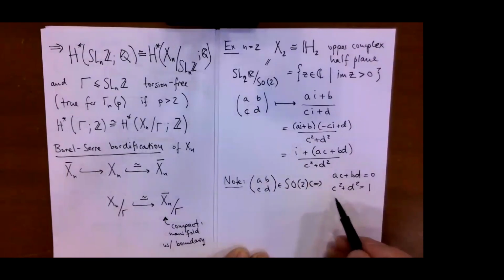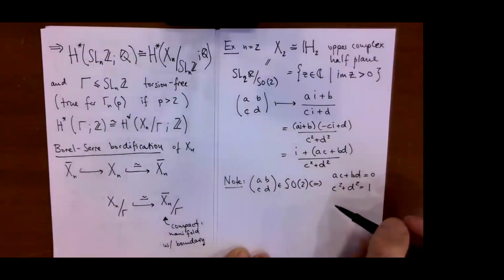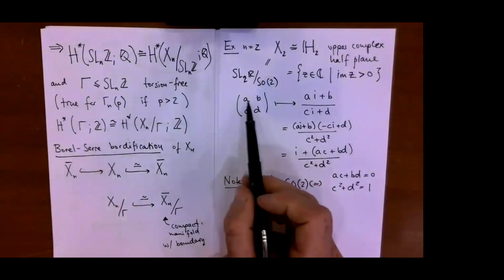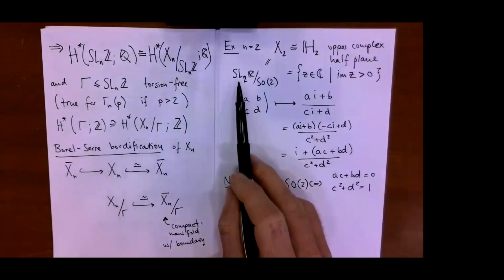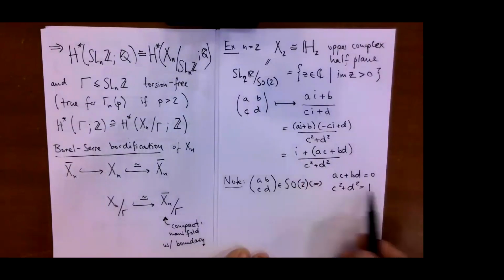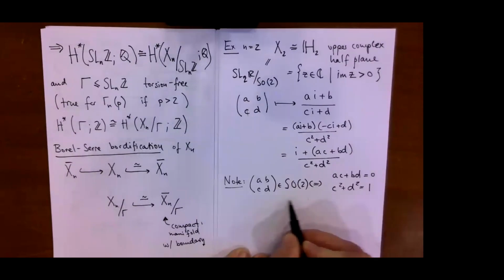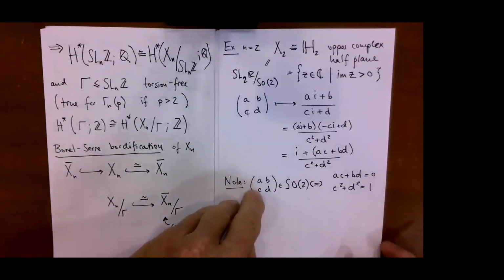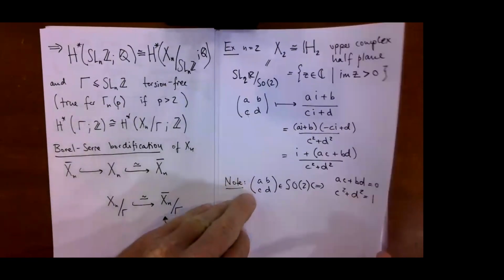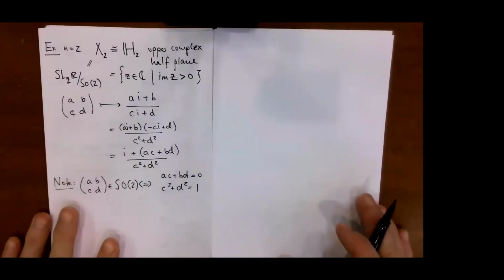And you also have to say that a squared plus b squared is 1, but that follows from having determinant 1. So this is the same as saying that it's being sent to the element i. Okay, so this is a well-defined map, and I just wanted to be very concrete, so we can actually play around with these if we wanted to.